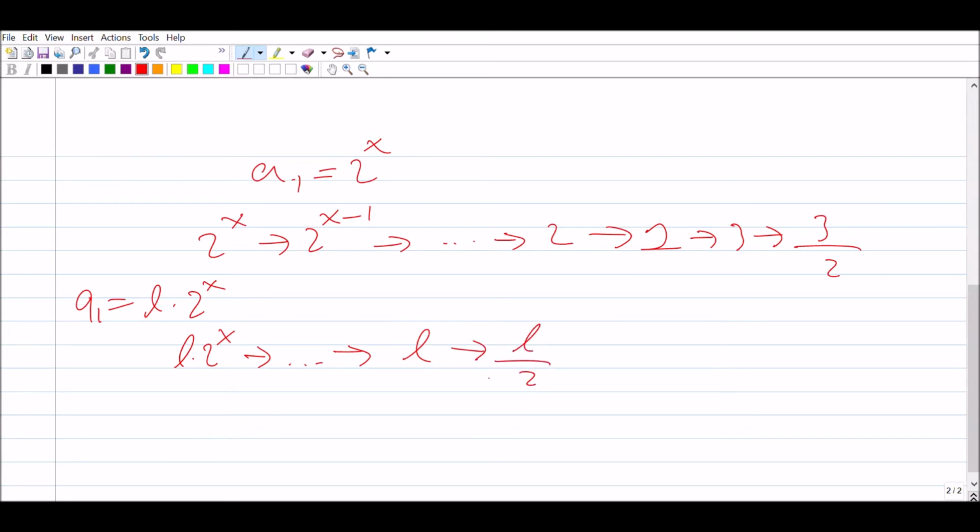And if l was less than 2, which is only possible if l equals 1, so that's not the case, because in this case we let l be odd, and if it's 1, then a_1 is again 2 to the power x, which we already considered. So thus there are no values of a_1 so that every term is an integer when m equals 1.